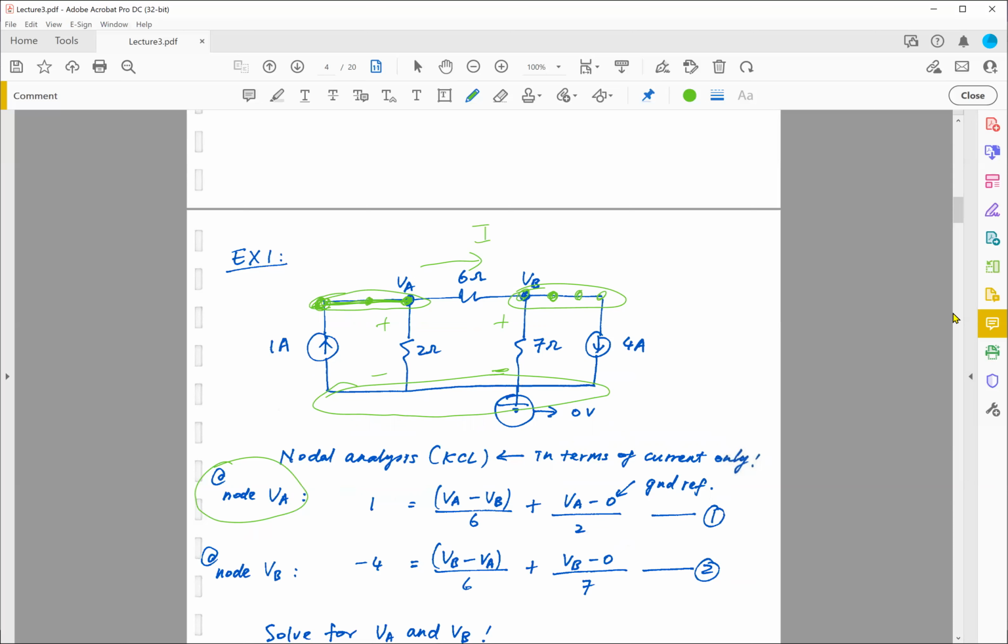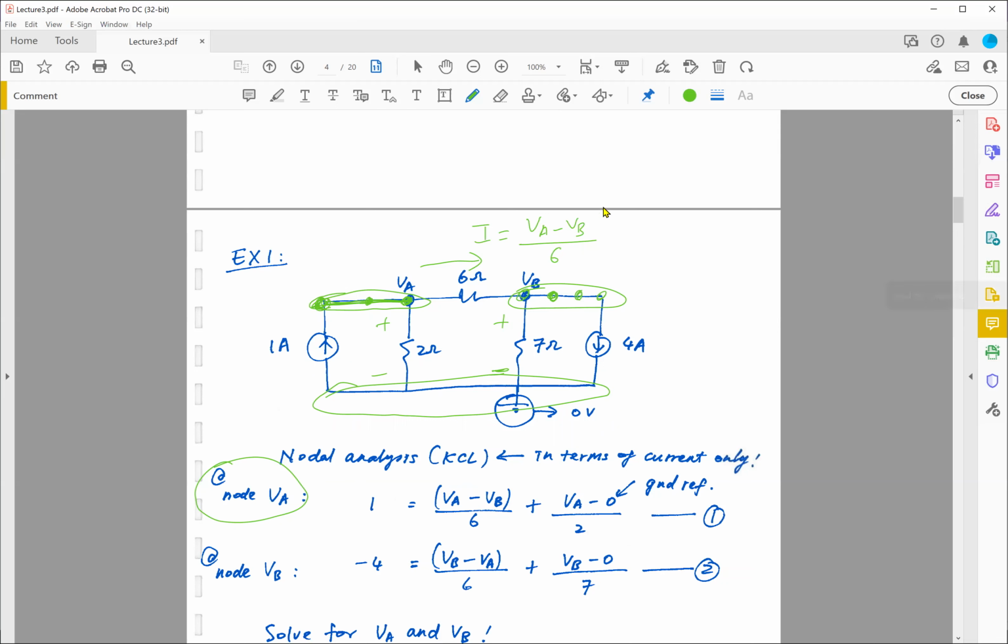So the current going from left to right can be found by the voltage difference, which is VA minus VB, divided by 6 ohm.